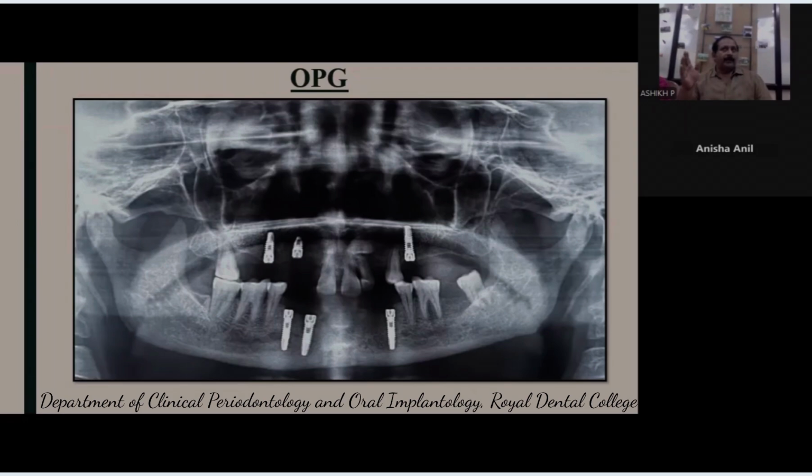If you're going to have a 3.6, 3.8 connected FPD or some kind of a fixed restoration down there, then naturally you expect to have some teeth on top of it as well, right? So your distant limit of that implant should be somewhere in 6 or 7 region, not 6 region. Because you have got a 3.6 to 3.8 connected FPD down there. Otherwise, that area is going to be of no use.